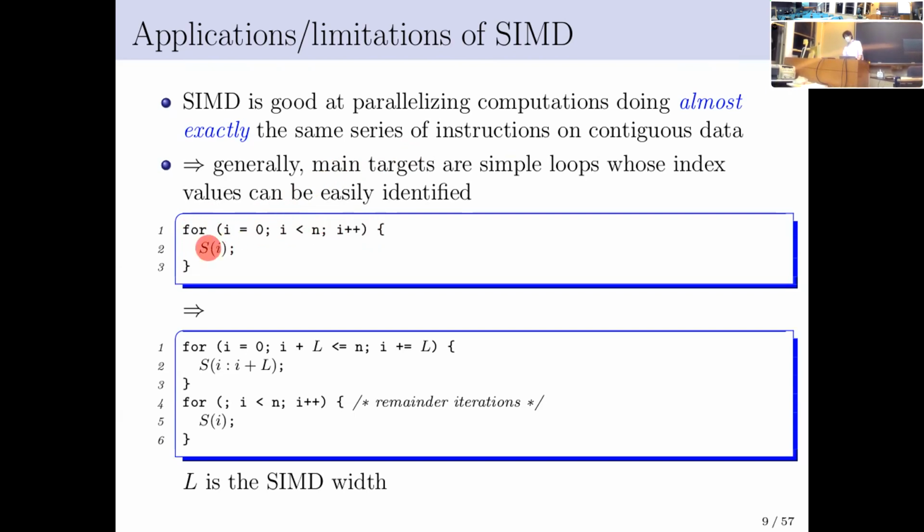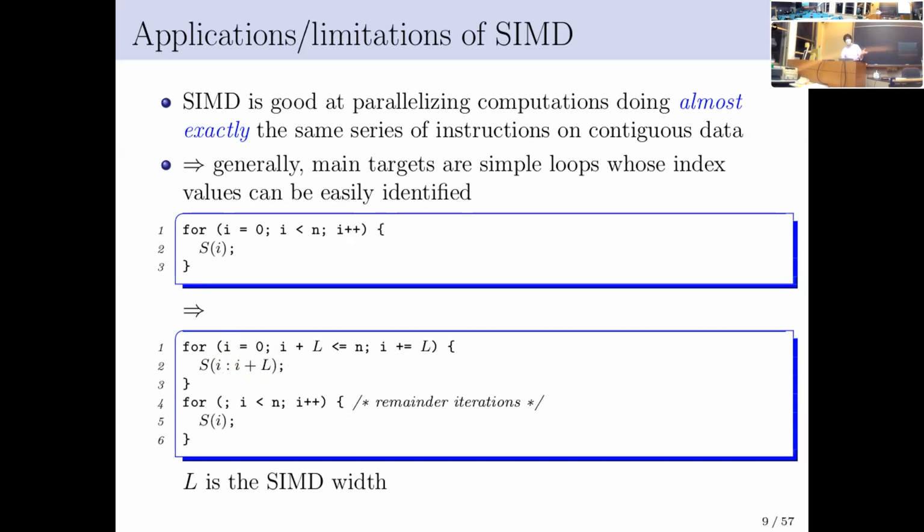So each iteration executes S for a single value of y, right? So this is the template of any for loop. SIMD or vectorization is essentially converting this loop into something like this. You basically execute L consecutive iterations at the same time using SIMD instructions.